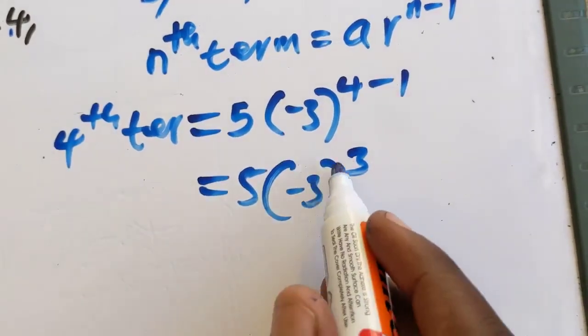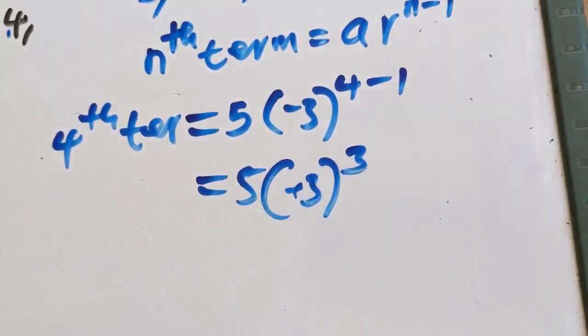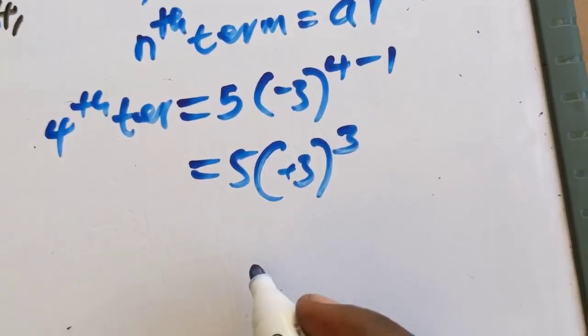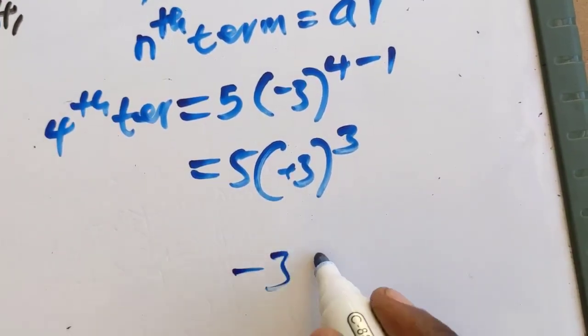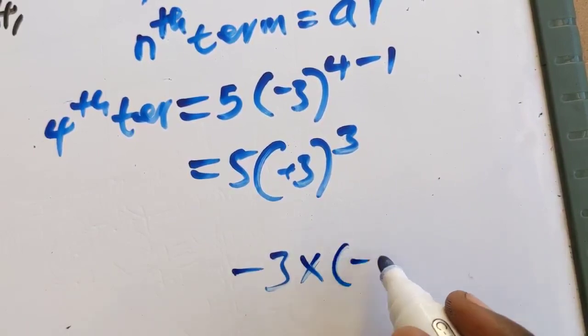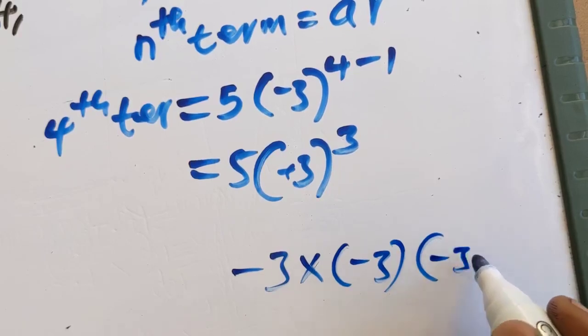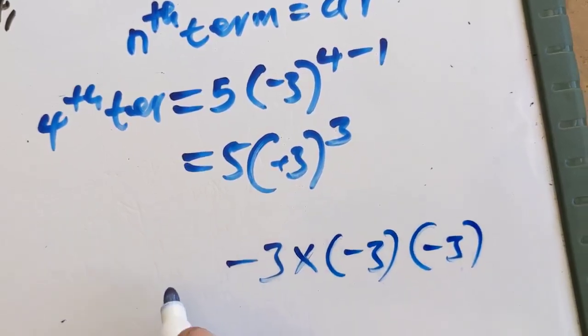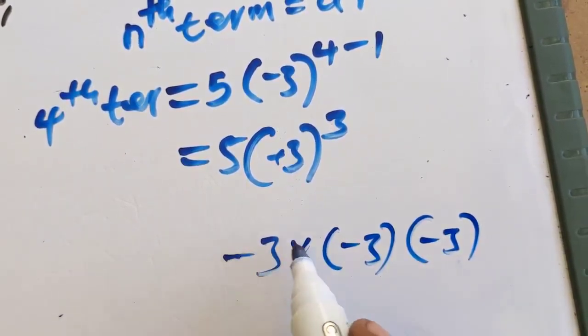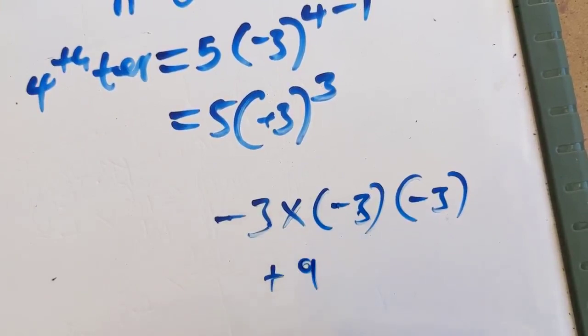So what is negative 3 to the power 3? It is negative 3 multiplied by negative 3 multiplied by negative 3. So what is negative times negative? The answer is positive. Then 3 times 3 is 9, multiplied by negative 3.